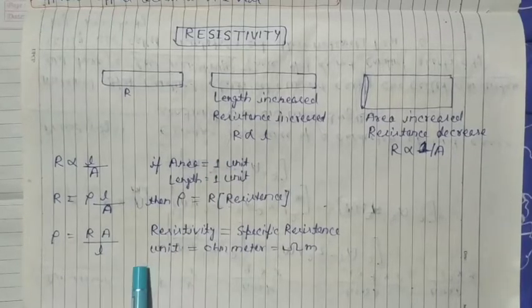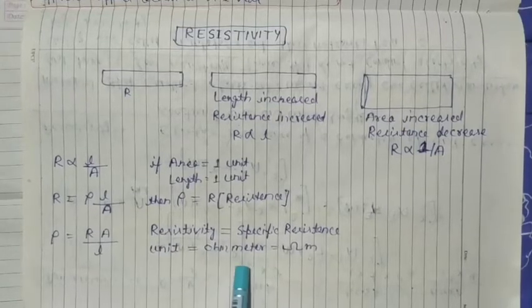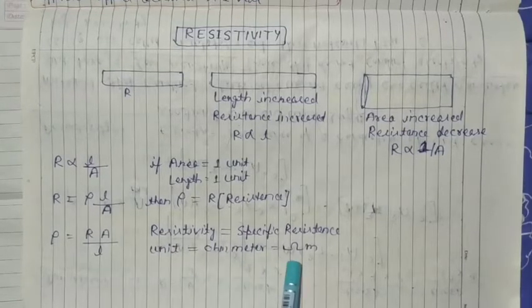Now the SI unit of resistivity is ohm meter, and in symbol, ohm meter.